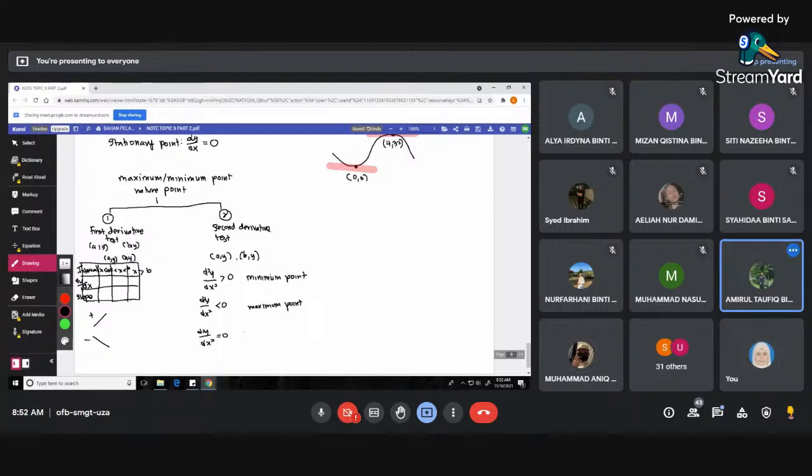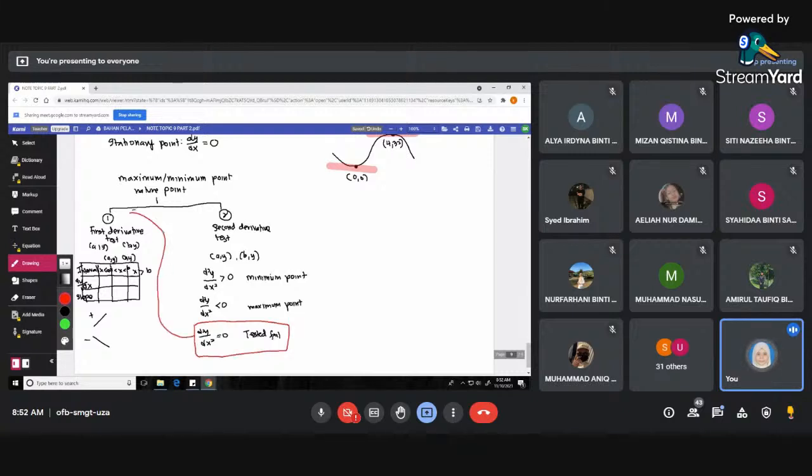Test fail. Ya, bila test fail, awak tak boleh guna cara ni. Awak kena patah balik guna cara yang first derivative test. Faham di situ.